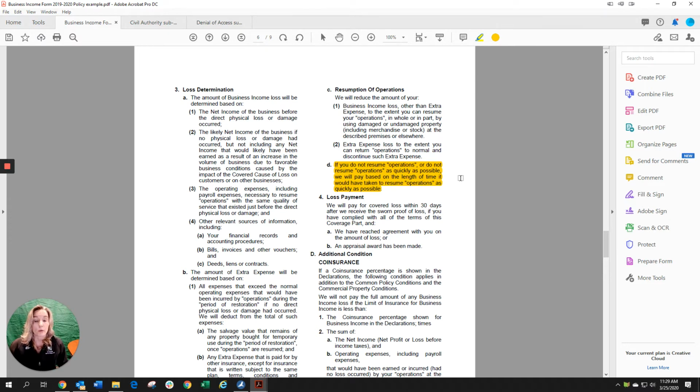So let's say that April 1st, businesses are allowed to reopen, but you choose not to. That I believe would trigger the fact that they would only pay between the date you were closed and the date that you were allowed to resume.